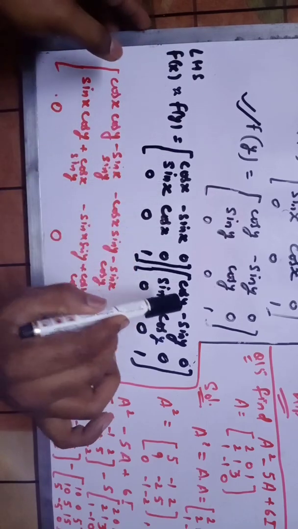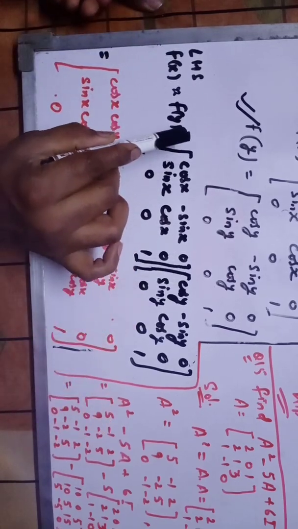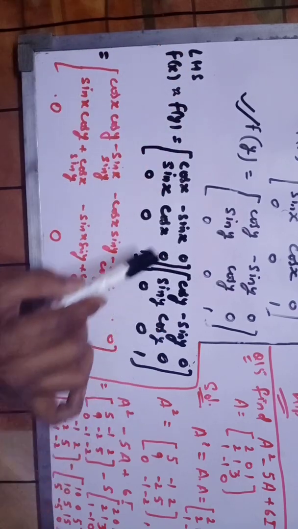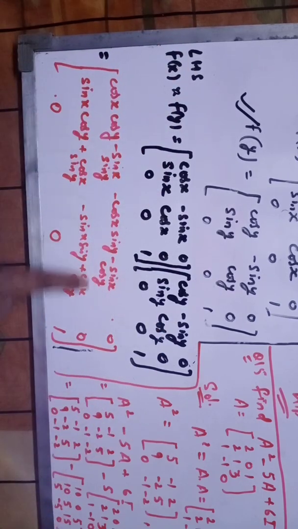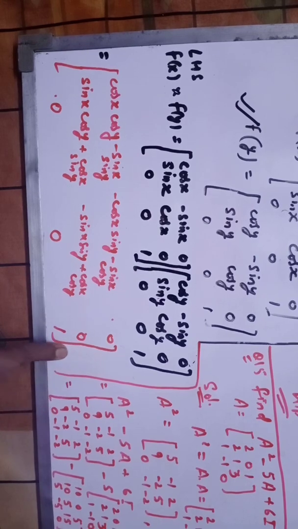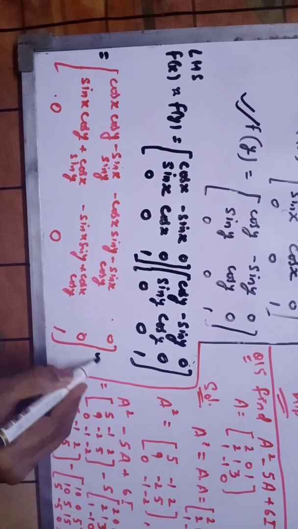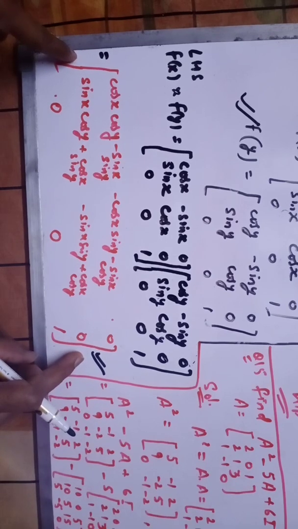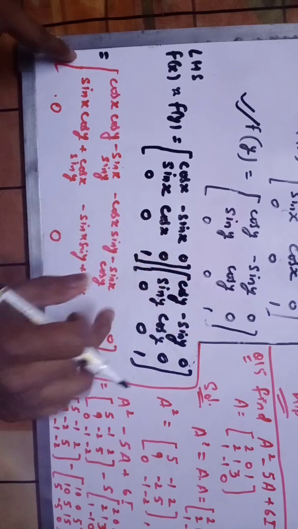I know you can find the product by multiplying rows with columns. So after multiplication you will get this matrix. See it carefully, check it.